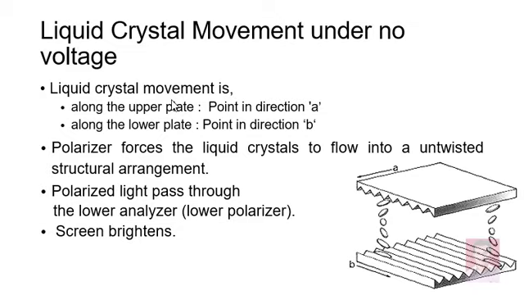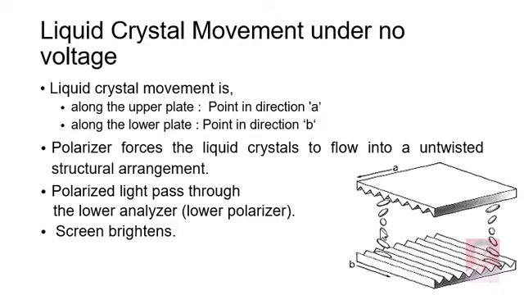When you don't apply any supply, whatever molecules are coming from the first polarizer, while transmitting through several layers, when they reach the last analyzer, get adjusted in the direction of these grooves. So the molecules are parallel to the grooves. As a result, the light carried by these molecules gets twisted.